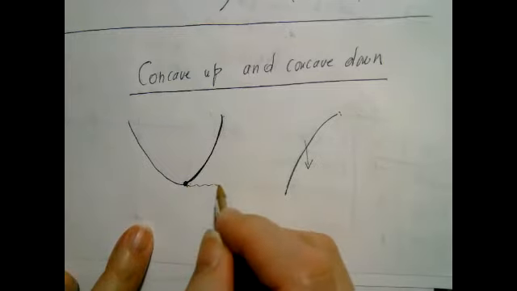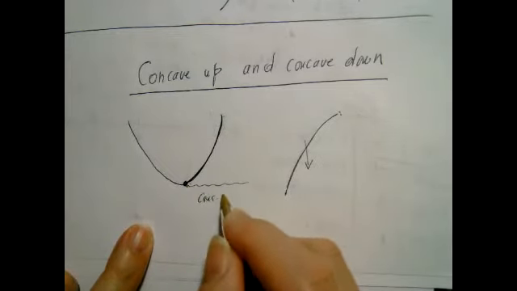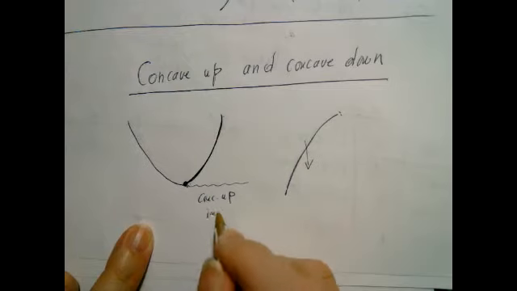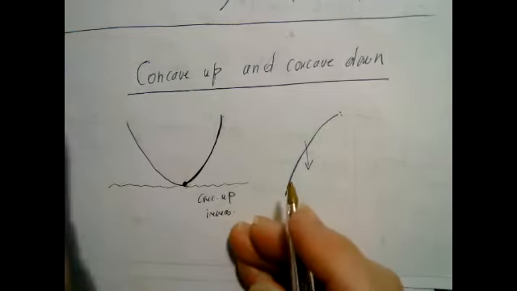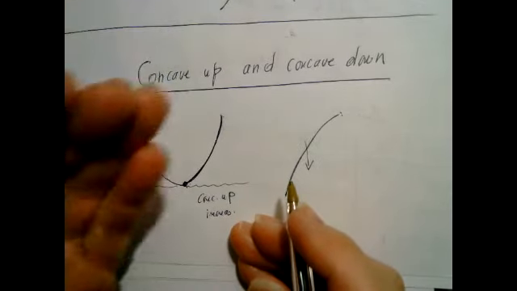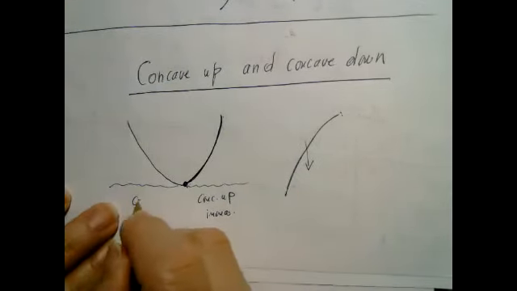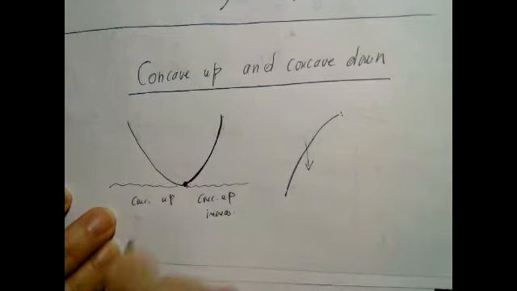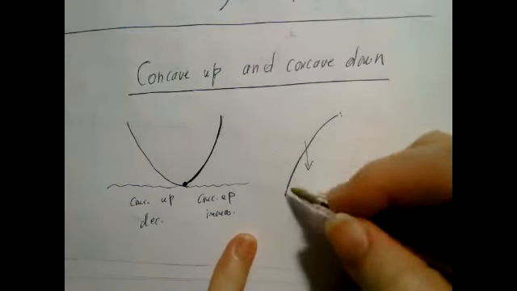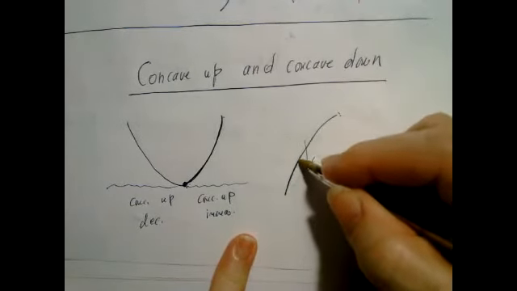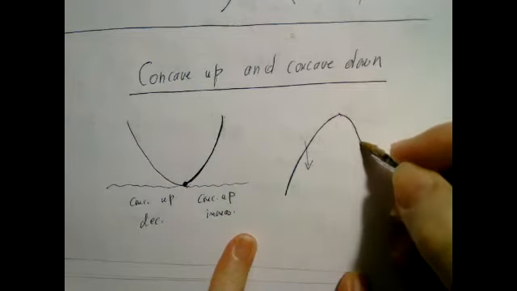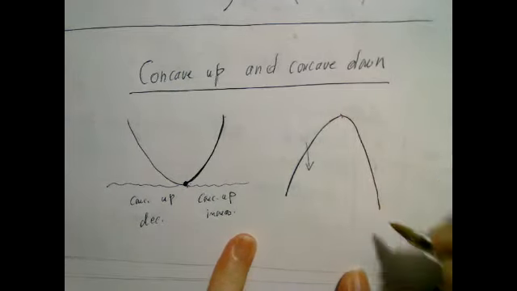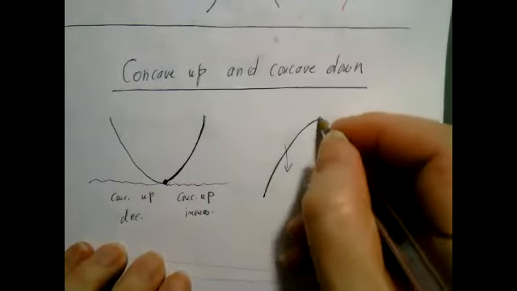Here it's concave up increasing, and up to here the concavity is up, which has nothing to do with increasing or decreasing, so concave up but decreasing. When it's concave down, it could be concave down increasing, then concave down decreasing. It's the same picture.